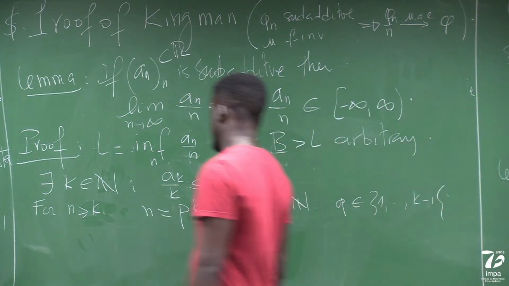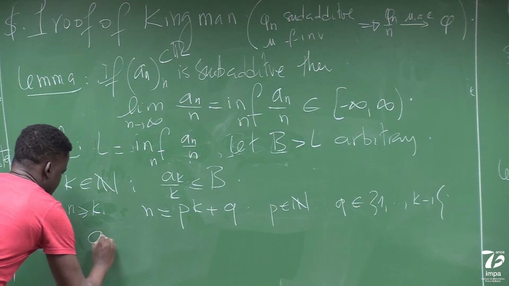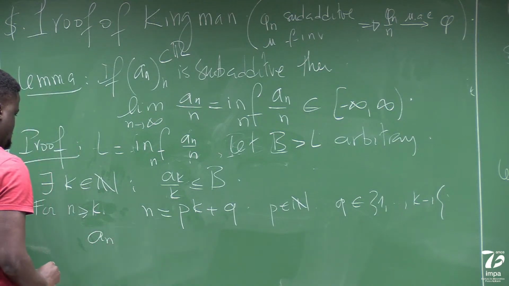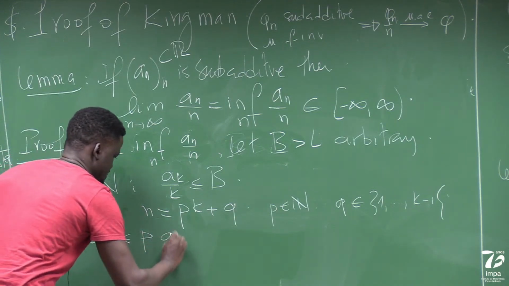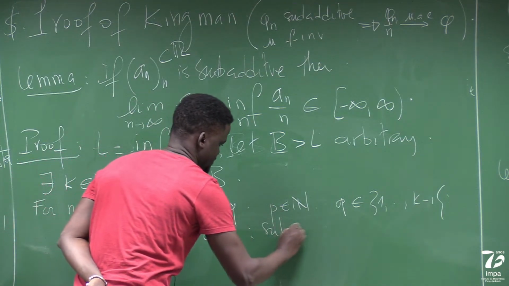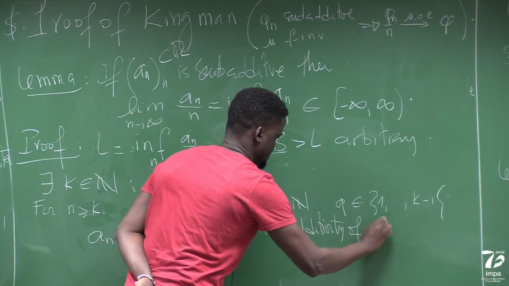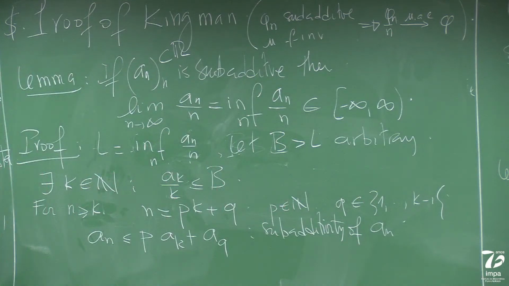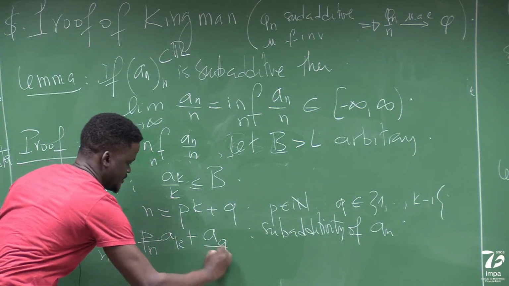This is the Euclidean division. And you use now the sub-additivity. You write a_n is less or equal to P a_K plus a_Q. This is sub-additivity of a_n. And now I divide by n.